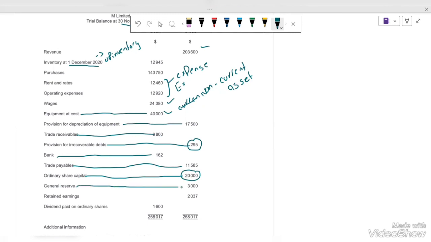After that, we have some general reserves and retained earnings. Retained earnings, basically the previous year's retained earnings. Dividend paid on ordinary shares, this is the dividend we have paid on these ordinary shares. This is share capital, it is not the number of ordinary shares. This is just the share capital.